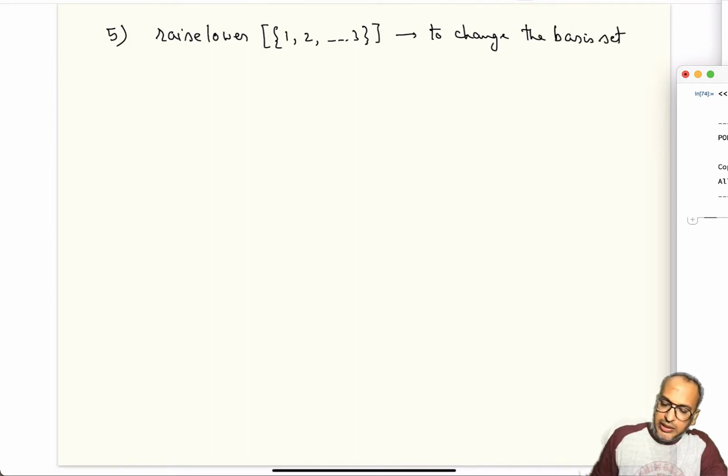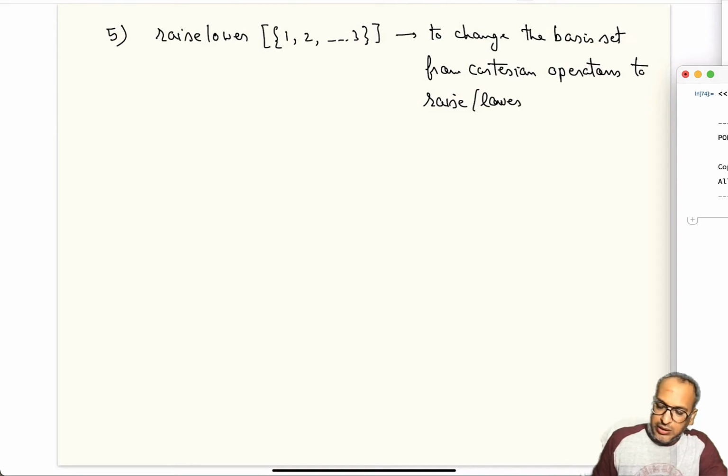So basis set from Cartesian operators to raise or lower operators. See, you can do your product operator calculations either in I plus, I minus format, which is raise and lower operator, or you can do it in Cartesian format, which is Ix, Iy, Iz type operators, which we have learned, right?